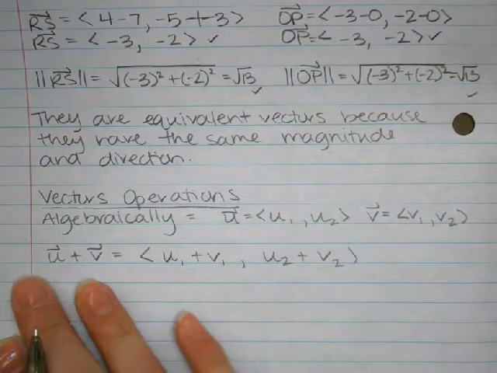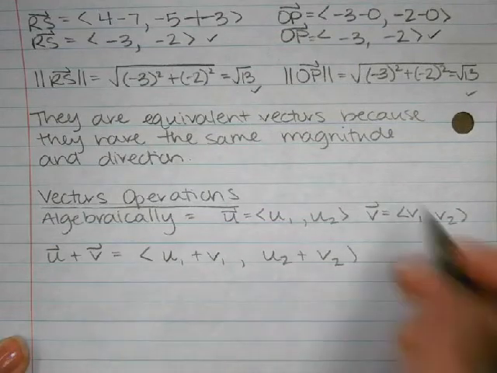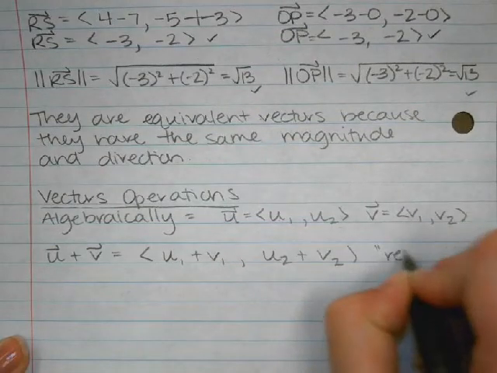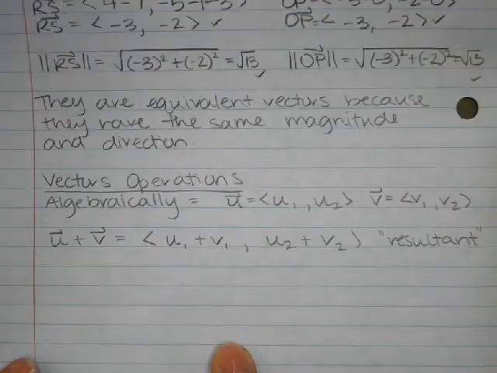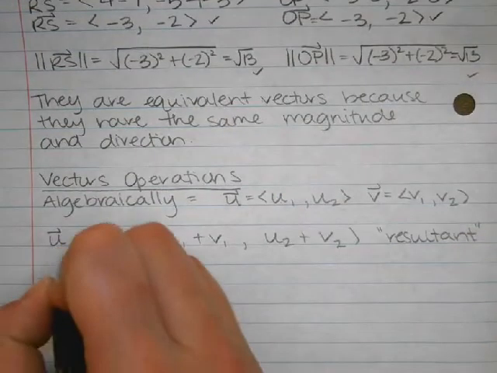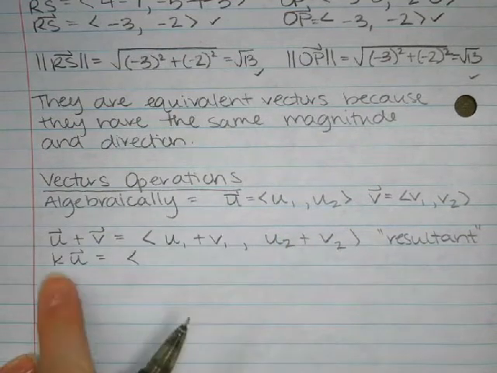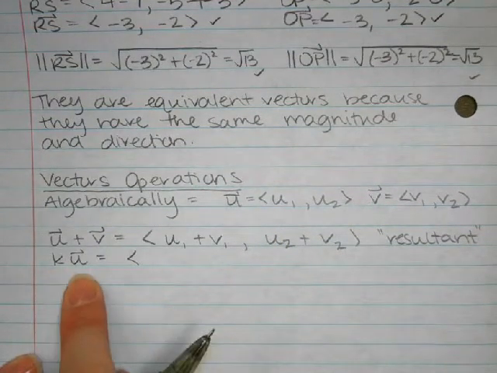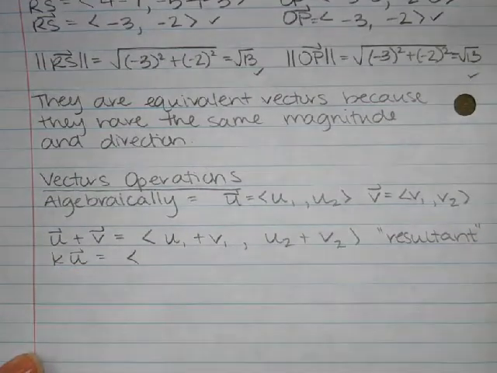Whenever you're taking two vectors and adding them together, the result that you get is called the resultant. So they will often talk about the resultant vector when you're done with an operation. We can also have something called scalar multiplication. If I have k, some sort of constant, multiplied by vector u, then it's going to be k times as long as vector u.